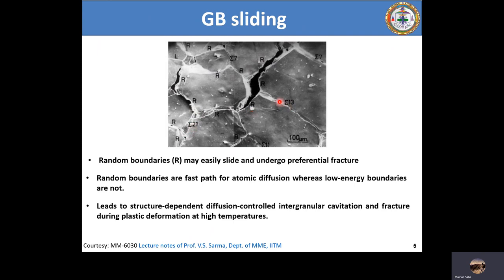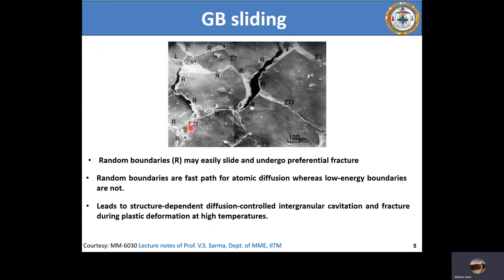So sigma 13, sigma 7, sigma 21, all these boundaries are generally much more resistant to crack propagation as compared to the R boundaries. The L boundaries in that case are the most resistant to crack propagation.